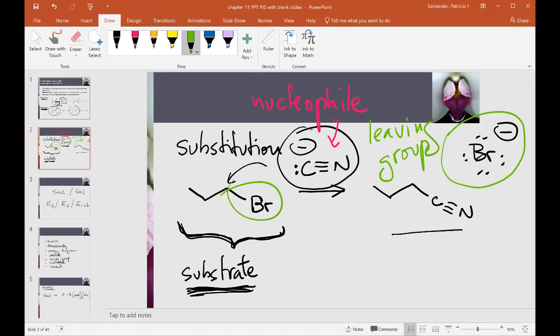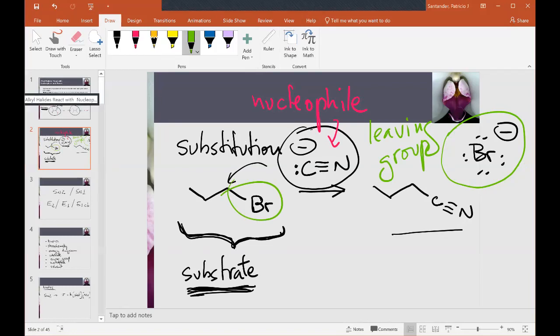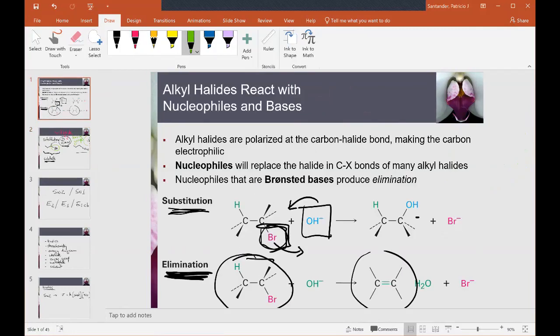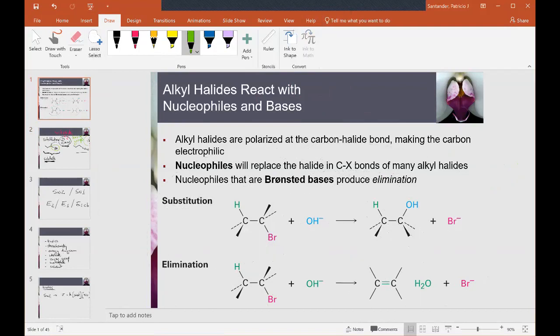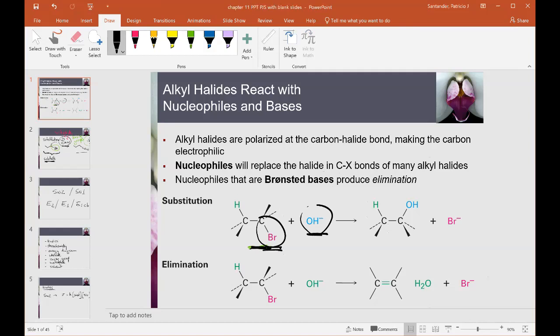Let's go back to the previous slide, and let's see the kind of things that can happen when you have an alkyl halide. So you have two possible scenarios. Scenario number one will be that the leaving group will be replaced by the nucleophile. So the leaving group is departing, the nucleophile is taking its place. So that will make it a substitution.